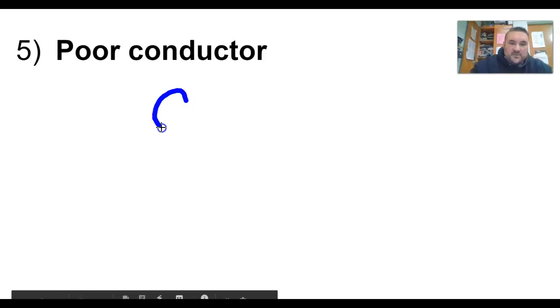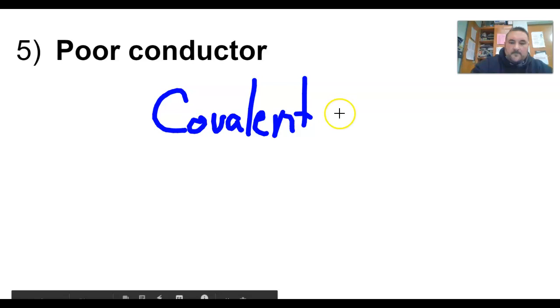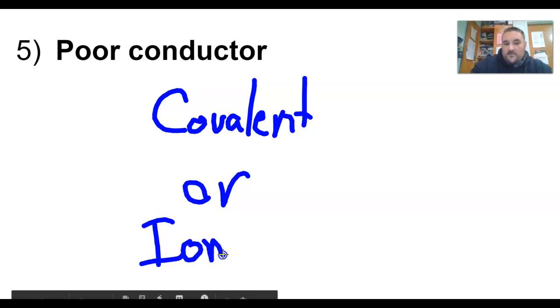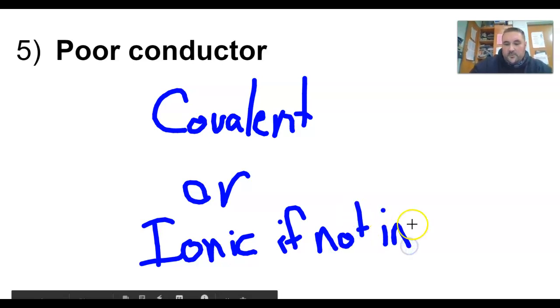So the poor conductors are usually associated with the covalent bonds. Or ionic as long as they're not in water. If you put an ionic substance in water, it conducts electricity really well.